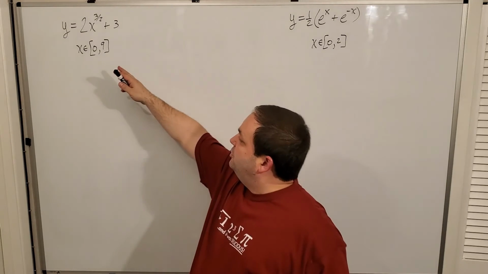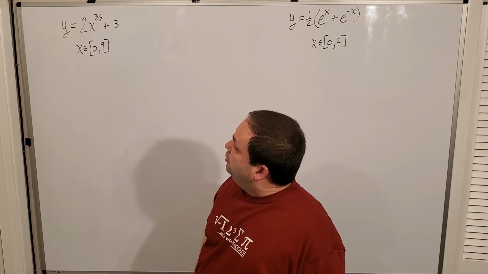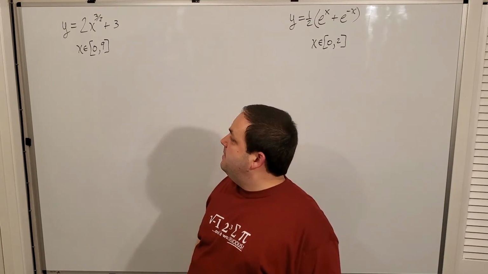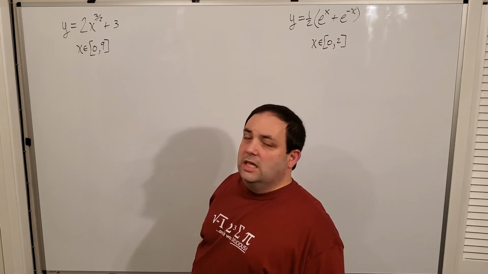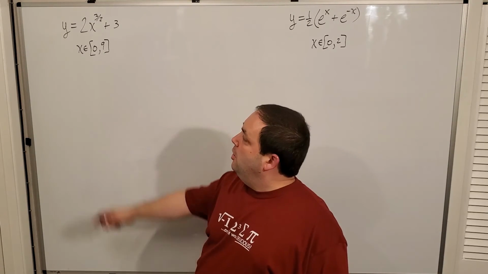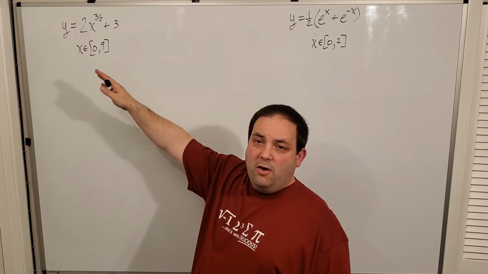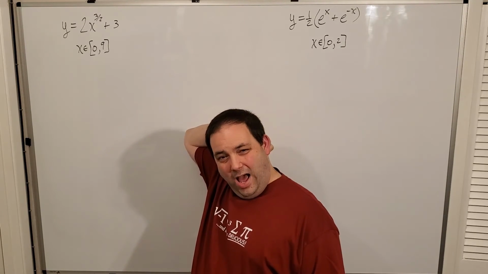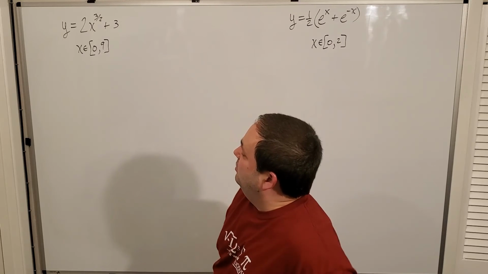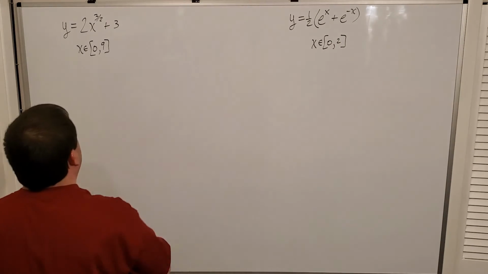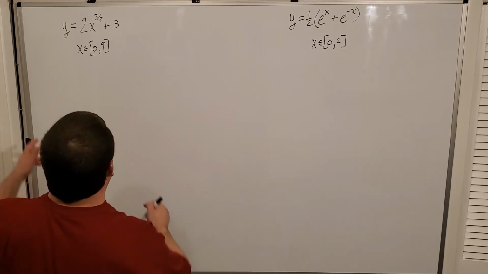So I have a function y equals 2x to the 3 halves plus 3, and I want to find the length of that curve when x is allowed to vary from 0 to 9. Okie dokie? So then all I'm going to do is set up my integral.